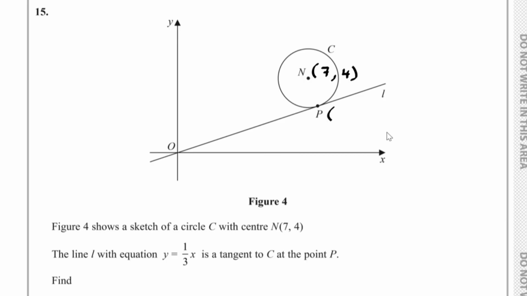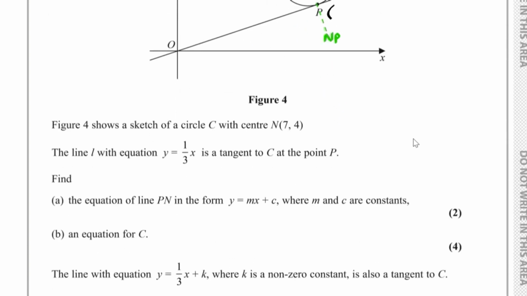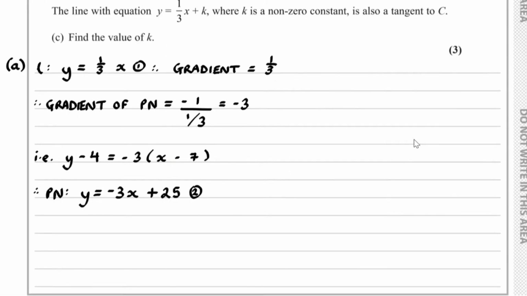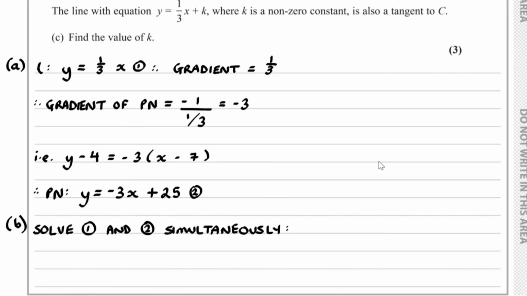We've got this line over here, which is the line NP, and from that we can find out the point P by solving NP simultaneously with L. In other words, we will solve equation 1 and 2 simultaneously.